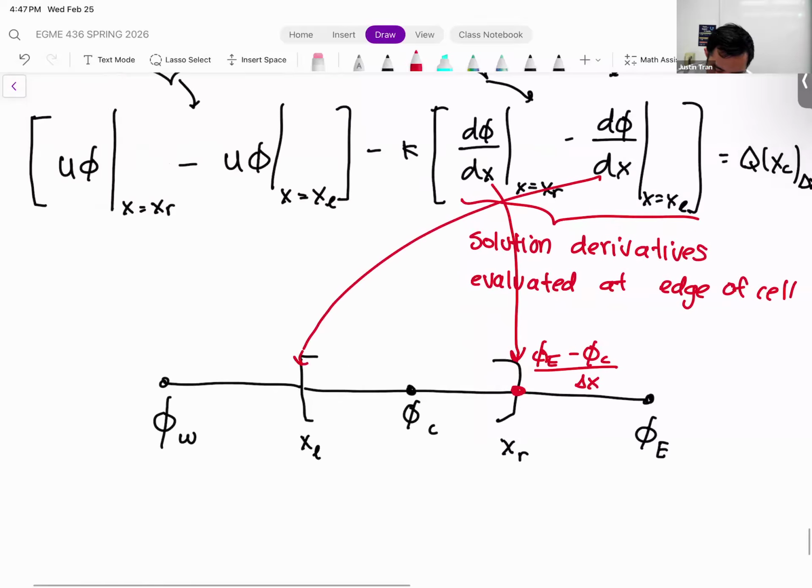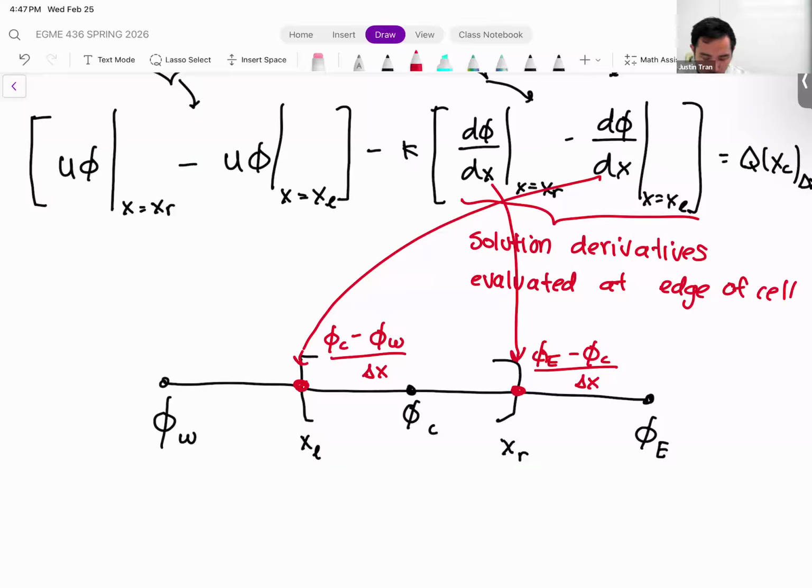And then this one, evaluated at this edge right here, is going to be phi sub c minus phi sub W, all divided by delta x. Okay, so that's the same as before. There's nothing new for that. Diffusion is still a part of this equation, and we have our diffusion contributions. Those have not changed.